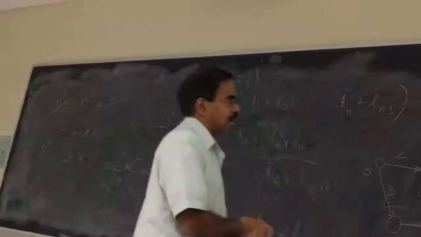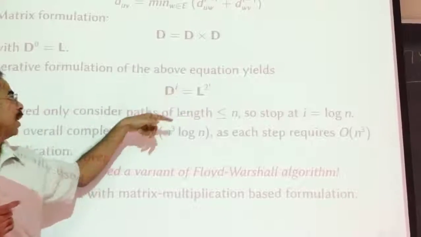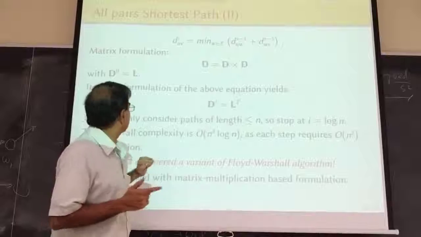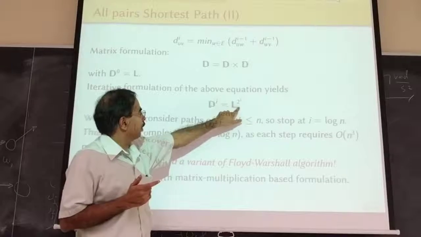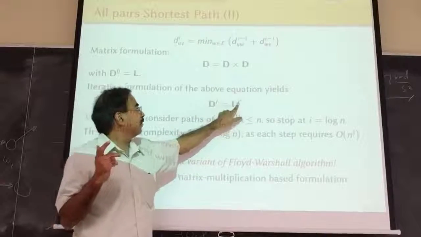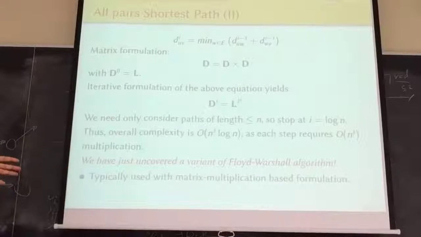Notice that we are going to L to the power 2 to the power i, and we know that when we reach L to the power n, we have computed the shortest paths.